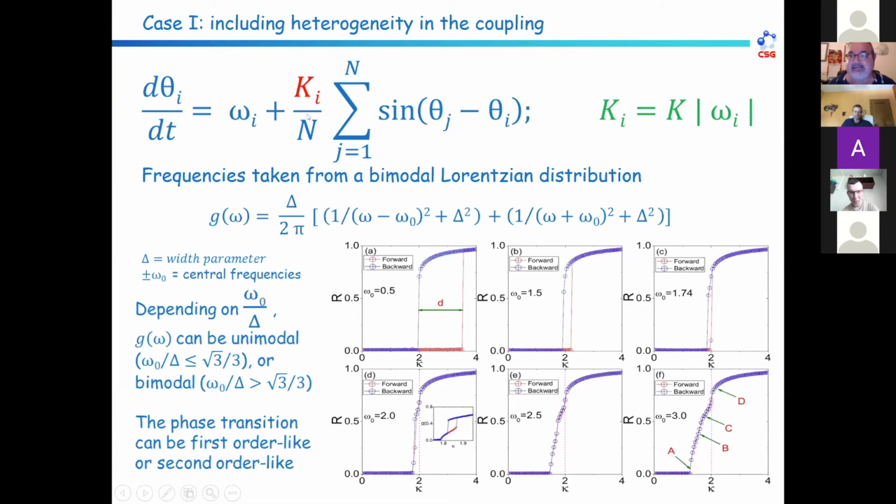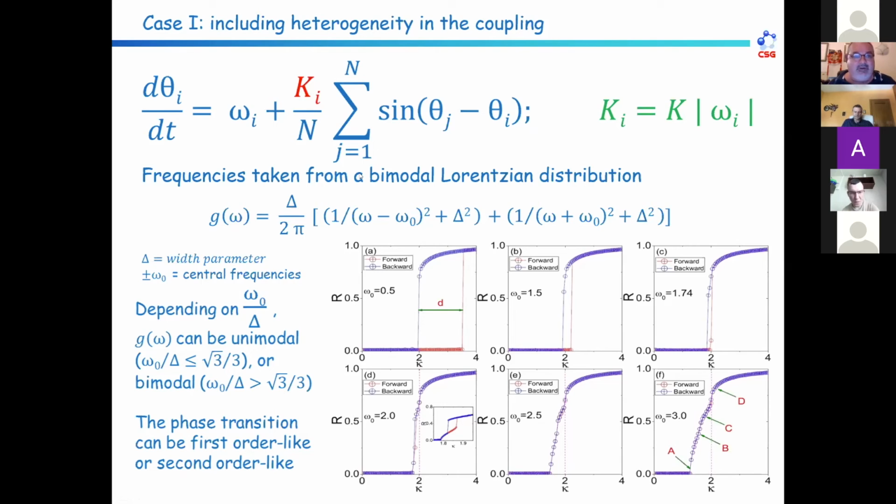This means that all oscillators are coupled to the mean field, because you see there is now no network structure, but they are differently coupled in the sense that the fast oscillators have a larger coupling strength to the mean field, and the slow oscillators have a lower coupling strength with the mean field.